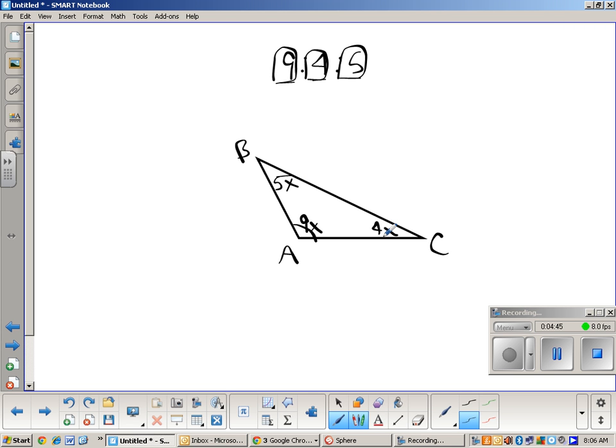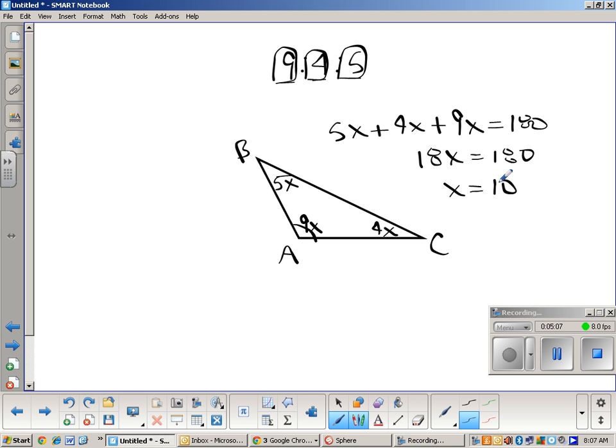What do the 3 angles of a triangle always do? Add up to 180. So 5x plus 4x plus 9x equals 180. And so that's 18 x's. That's nice. It divides into a nice number. 10. So I know how big each piece is now.